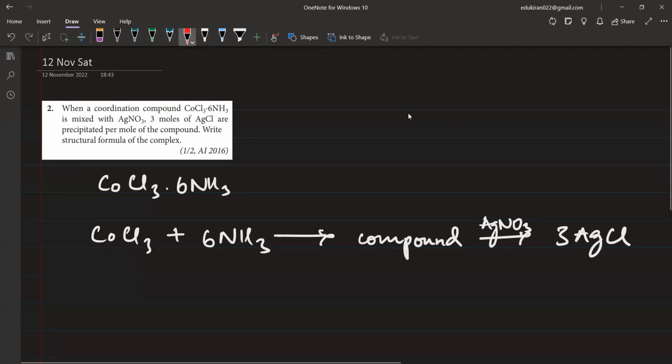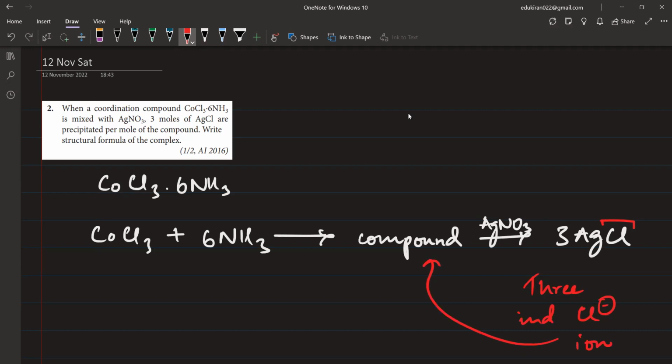Now, when I get 3 moles of AgCl, that means there are 3 independent Cl negative ions in the compound. The only way possible for that will be if I have cobalt with 6 NH3 molecules attached to it and Cl3 outside the coordination sphere.